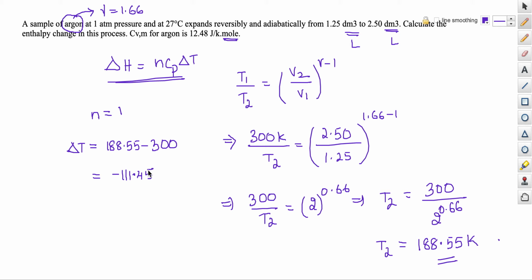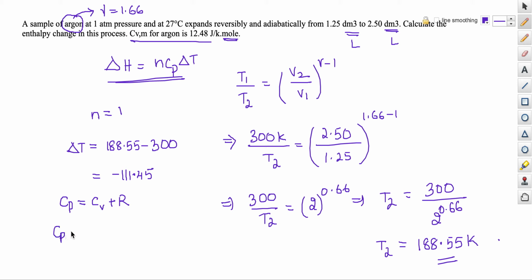So this is the temperature change, Cp delta T. And we need to find out Cp. And what is the formula? Relationship between Cp and Cv? Cp equal to Cv plus R. Why am I taking this formula? Because in the problem, the Cv is given, but we require Cp to solve this problem.